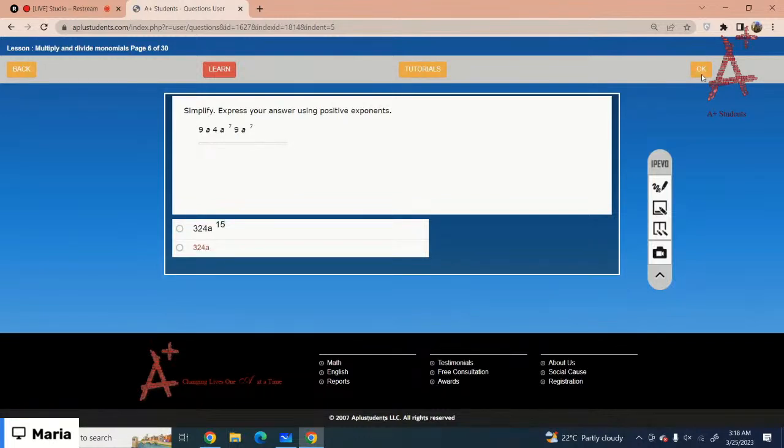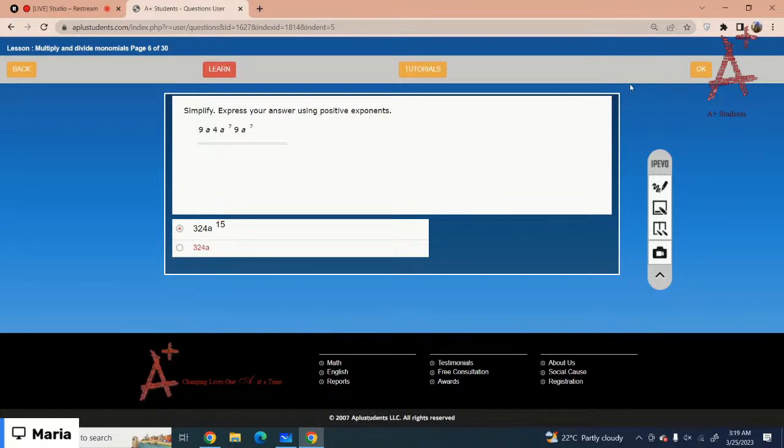Okay, which is the correct option? So it is 324 a15. 7 and 7 is 14 and 1 is 15.